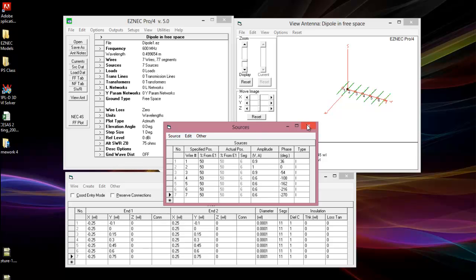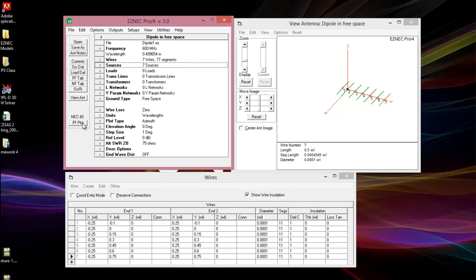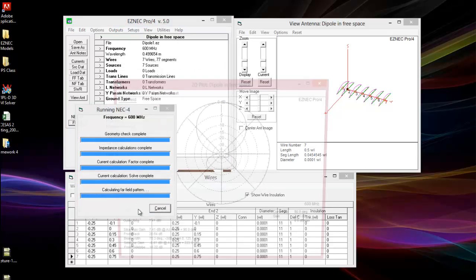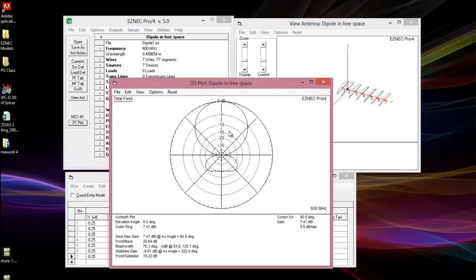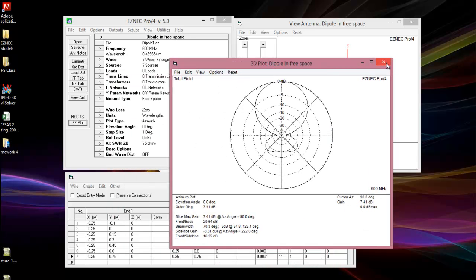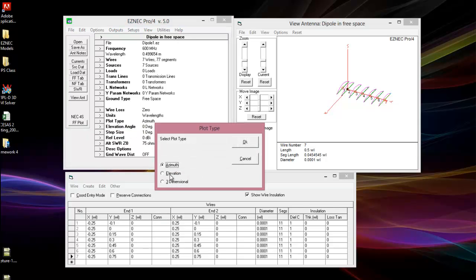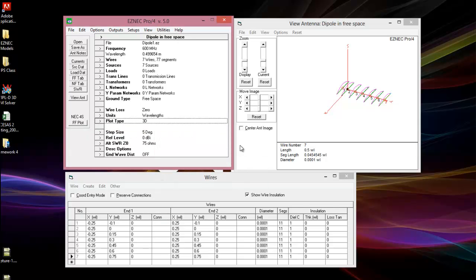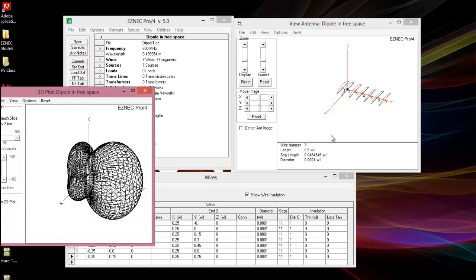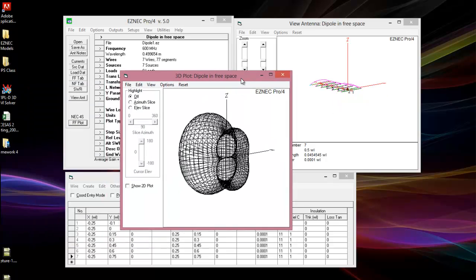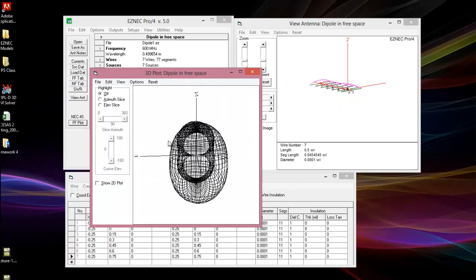Okay, we'll close these, and we'll generate the pattern, and this is the pattern that we got. We could change the elevation plane plot type to three-dimensional. And this is the plot for the three-dimensional pattern.